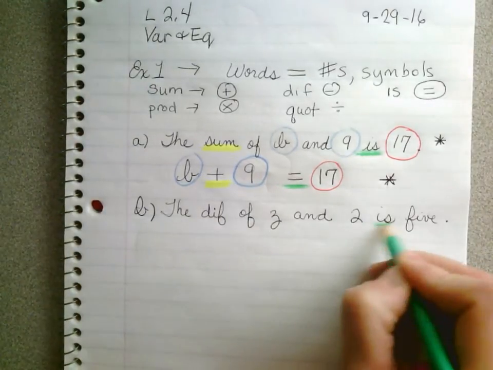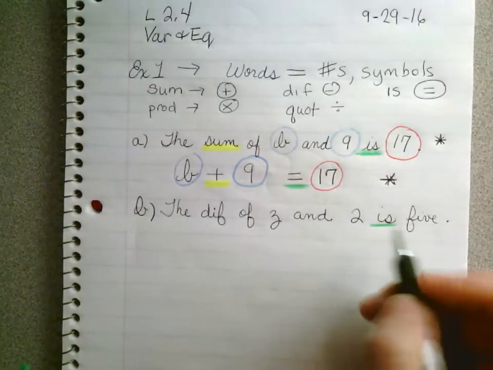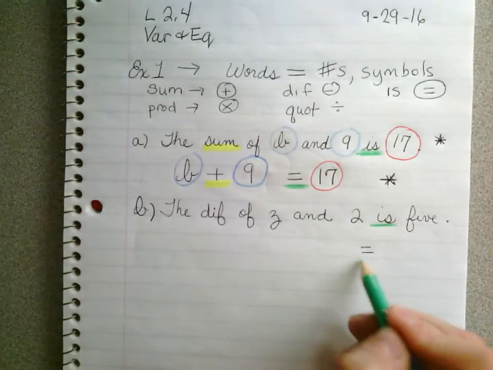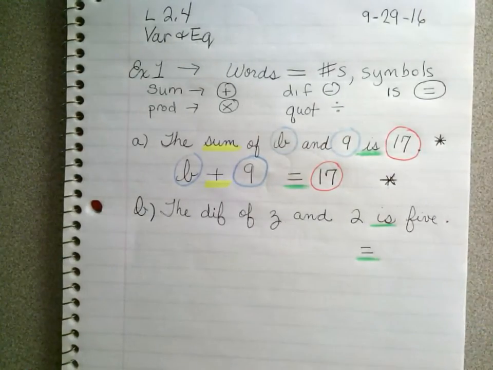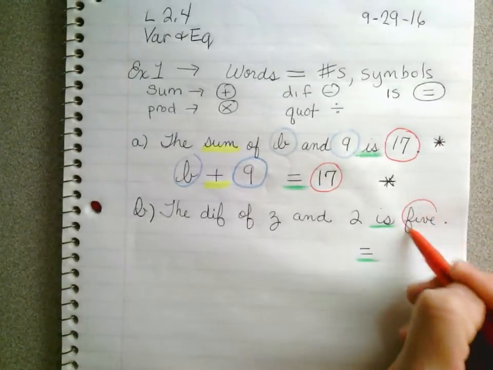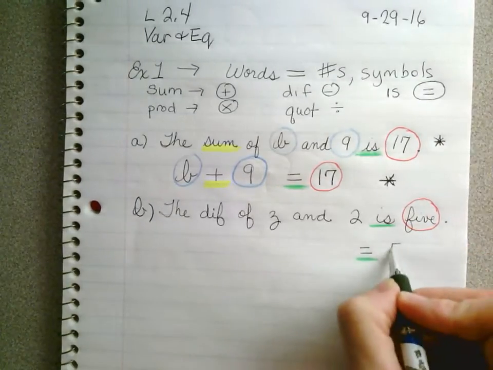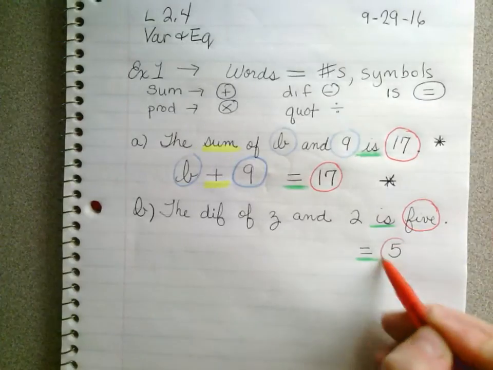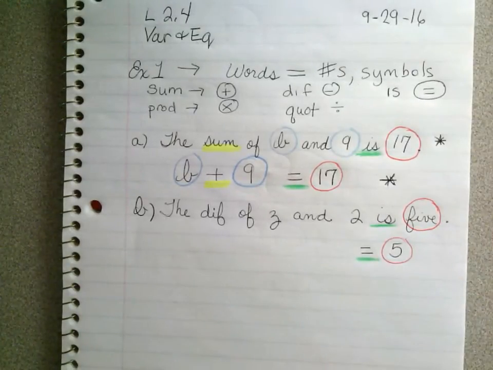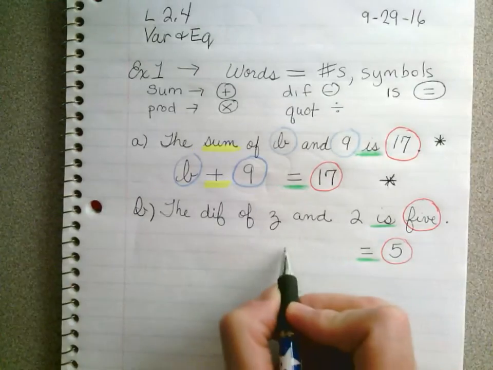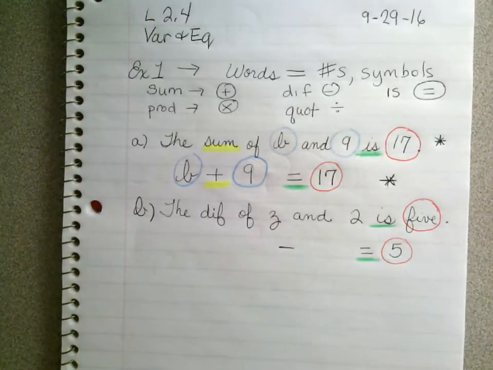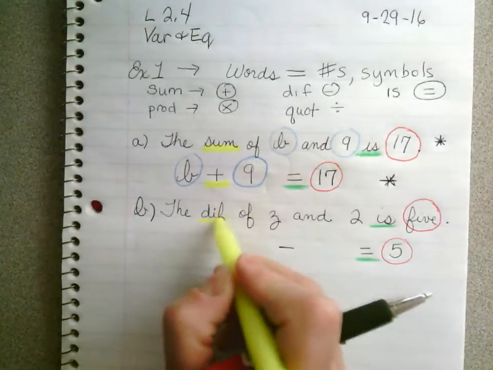Did you find your is? What goes to the right of is? Looks like the number 5. Are we summing or are we subtracting? We're subtracting. Difference. How do I know? Because they told me so.